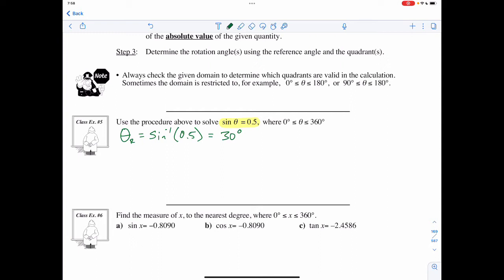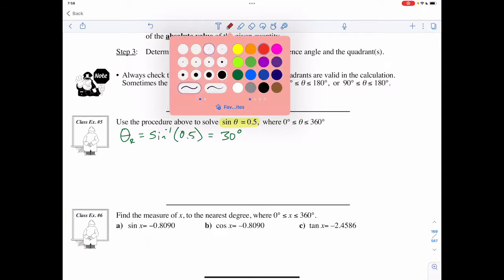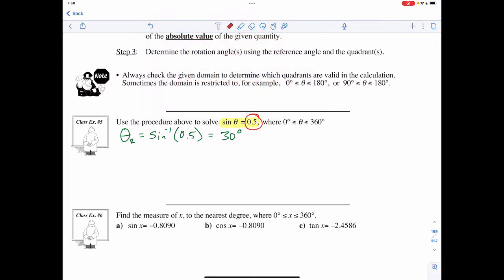Then the next part is, where is sine positive? Because it says that ratio is positive. Sine is positive using my CAST rule in quadrant 1 and in quadrant 2.